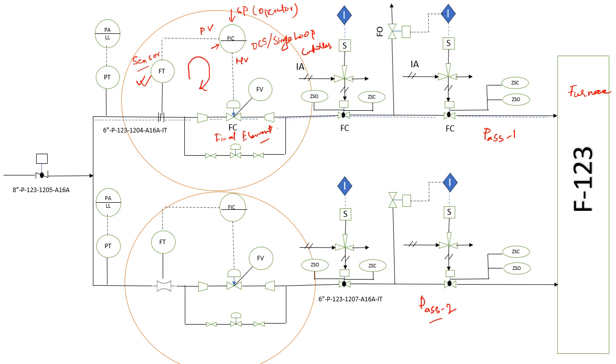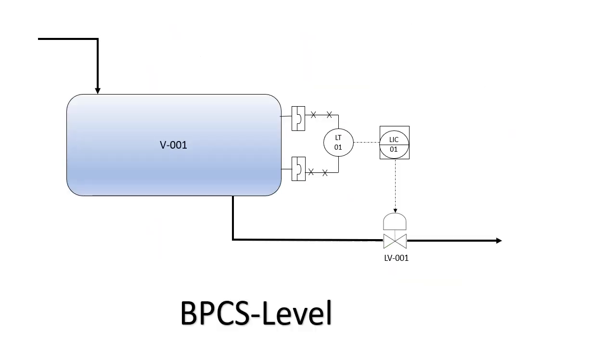Let's take another example. So in this case, there is a vessel and on the vessel there is an inlet line. So this is your inlet and this is your outlet line, right?